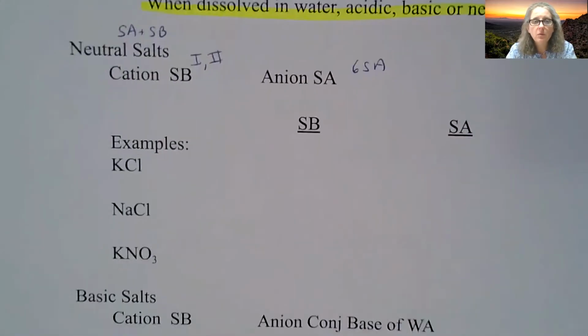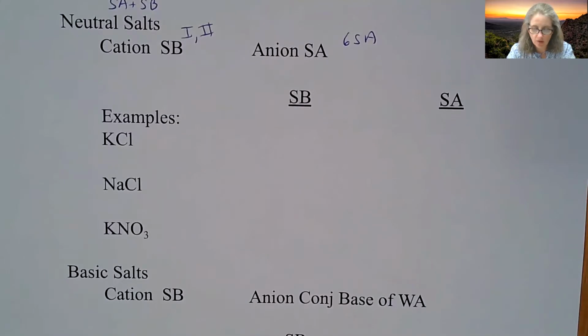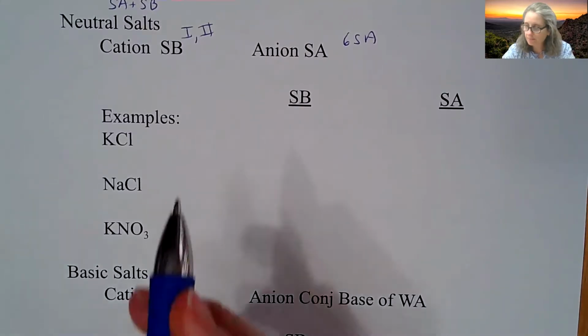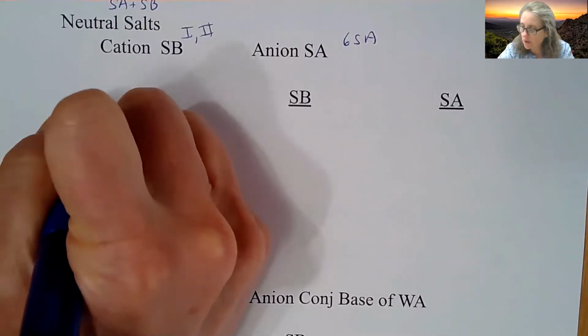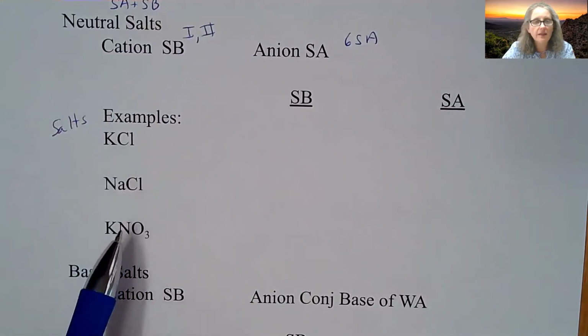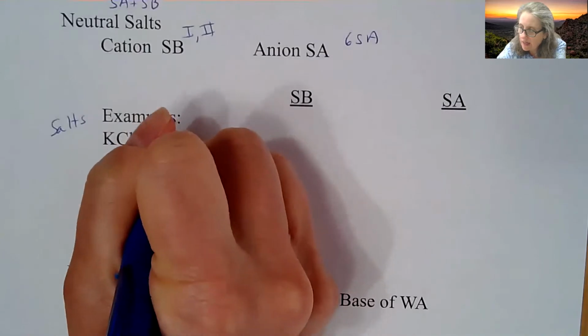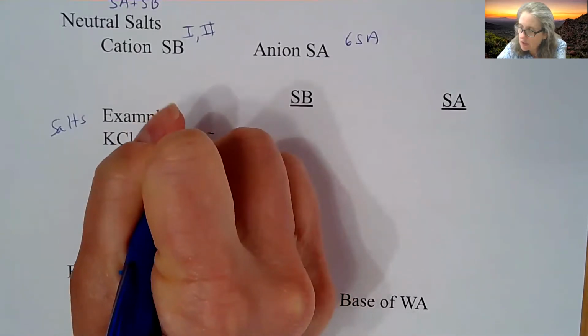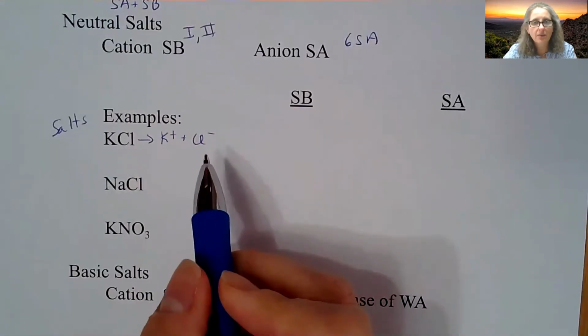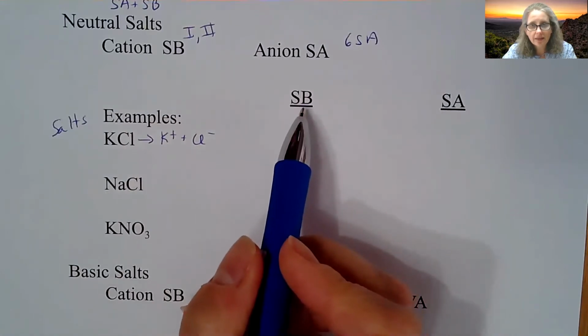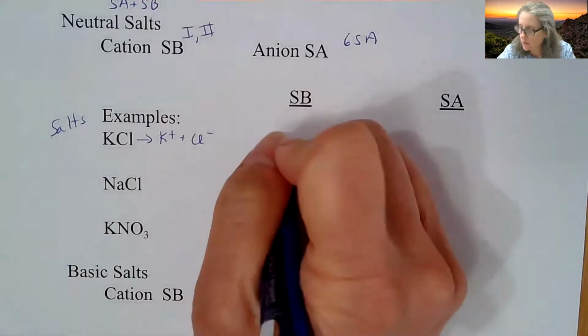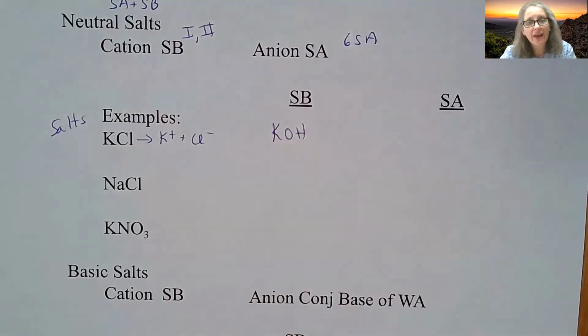Let me walk you through a couple examples to show you how you could spot this. These are my salts here: KCl, NaCl, and KNO3. If I take the KCl, I can break it up into its 2 ions, K plus and Cl minus. The cation is coming from a strong base. What strong base is it coming from?